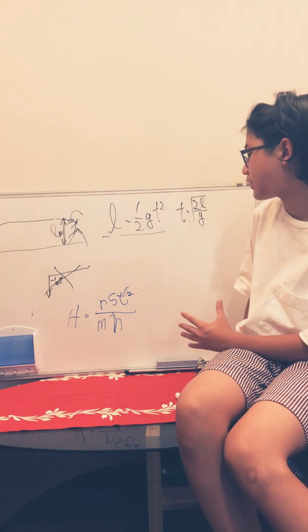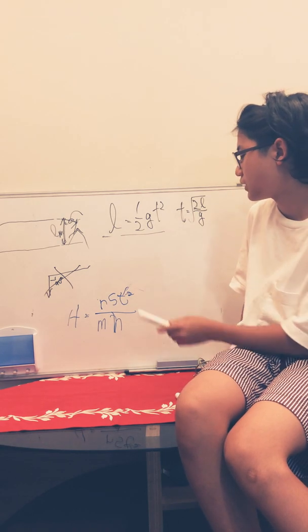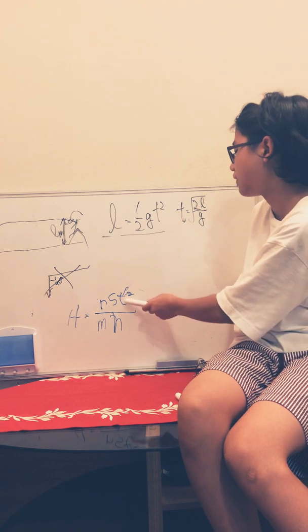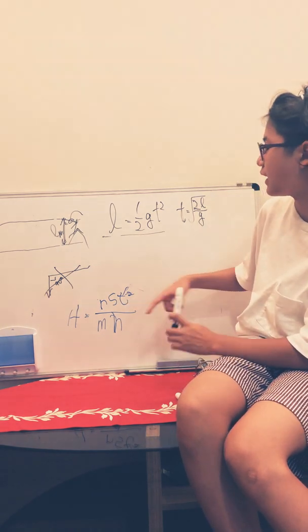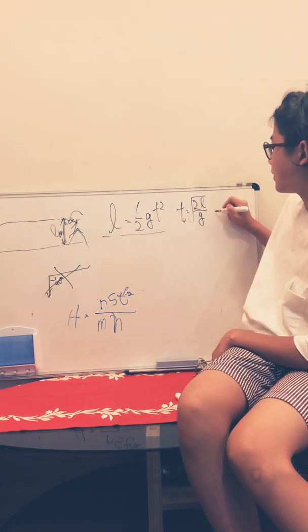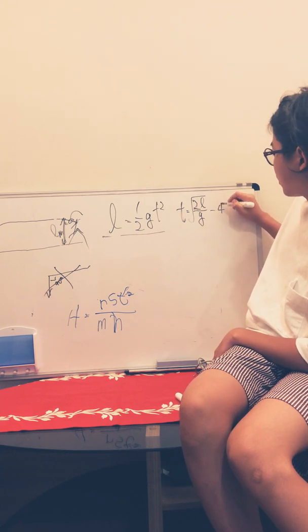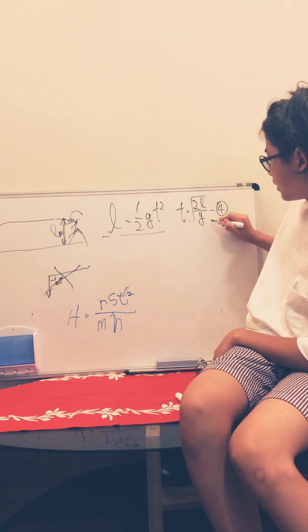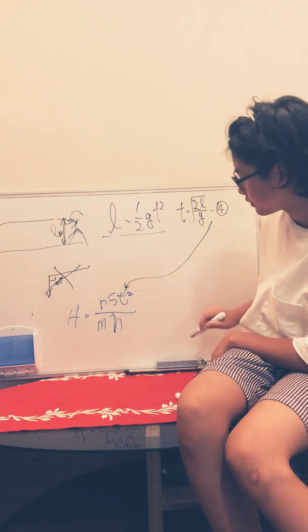And what we're solving now is t, this t, right? So I substitute this number into that t.